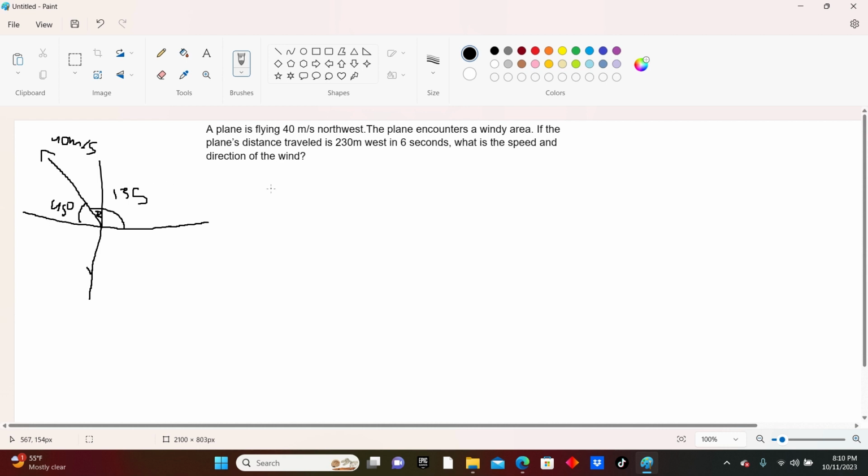So if it's not even traveling in the north direction, in the vertical direction, that must mean that the net velocity must be 0 in the vertical direction. And if the net velocity is 0 in the vertical direction, that must mean that the speed of the wind is equal to the speed of the plane in the y direction.